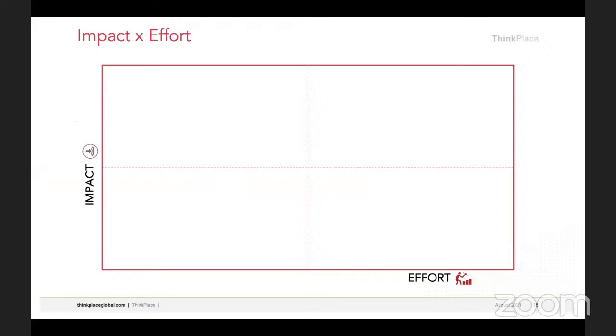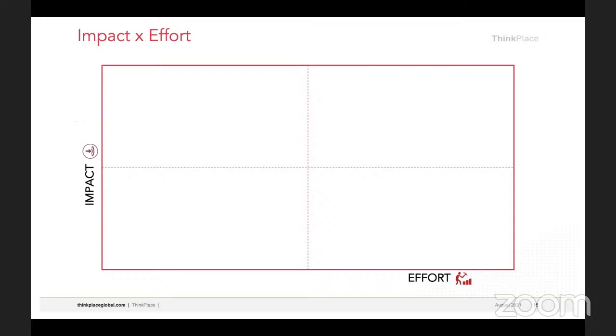So there's impact and there's effort. This tool helps you to map out which idea takes less effort but has maybe little impact. For example, if I think of a website, it is low effort and less impact. For example, I could make a website, but I don't know how many young people will be able to access that website.